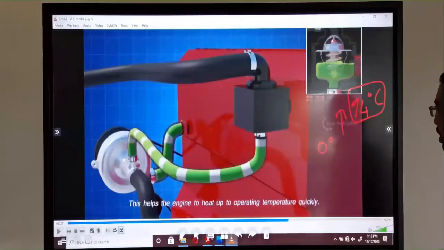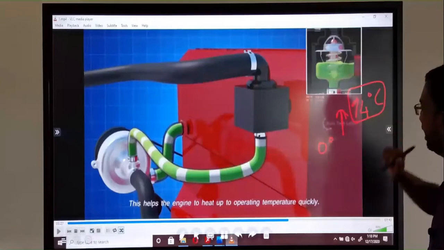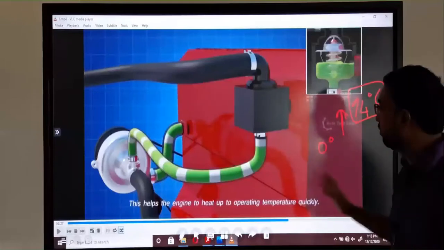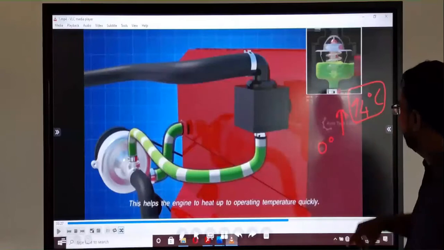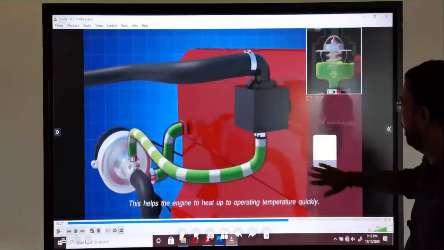So there is no cooling procedure needed until it achieves 94 degrees Celsius. So until it achieves 94 degrees Celsius, what will happen?